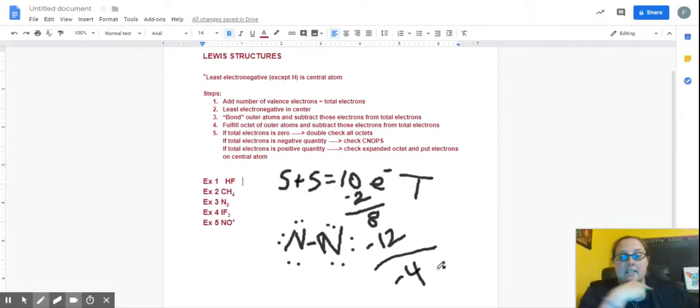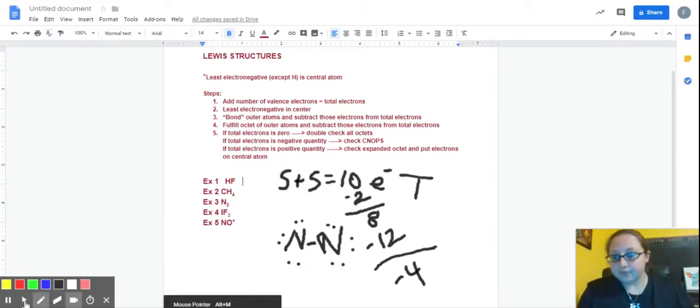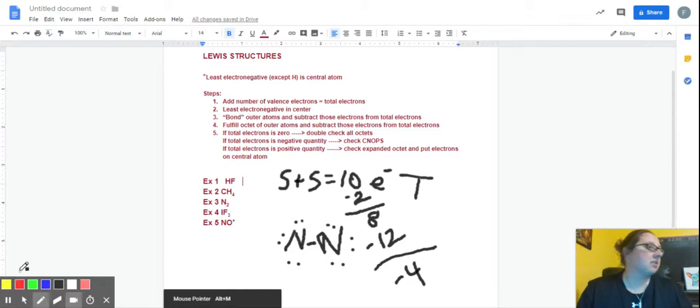Now, look at step 5. You see where it says, if total electrons is a negative quantity, what we have here, then you check for CNOPs. Checking for CNOPs means, can these nitrogens get multiple bonds? And the answer is yes. Nitrogen's part of CNOPs.